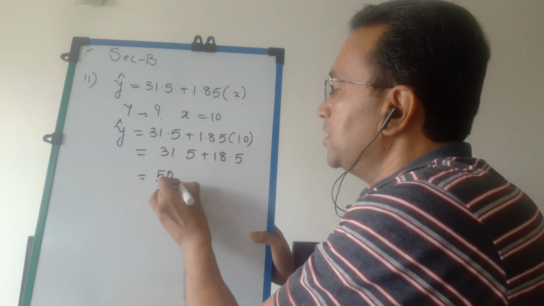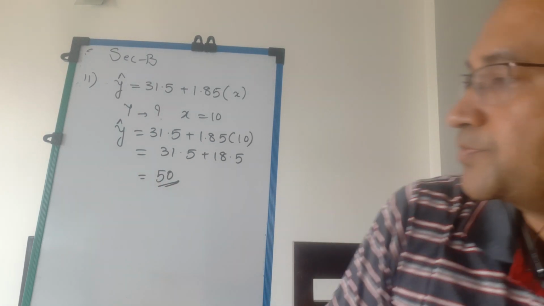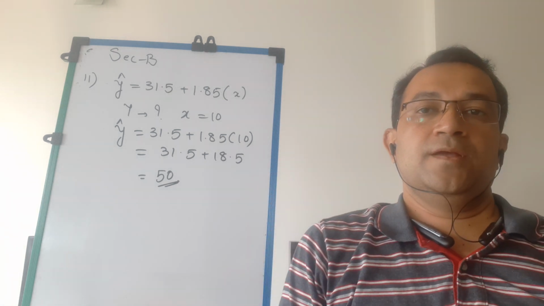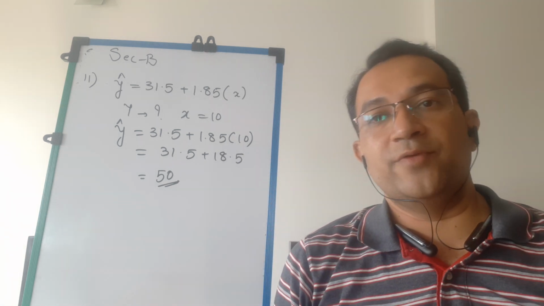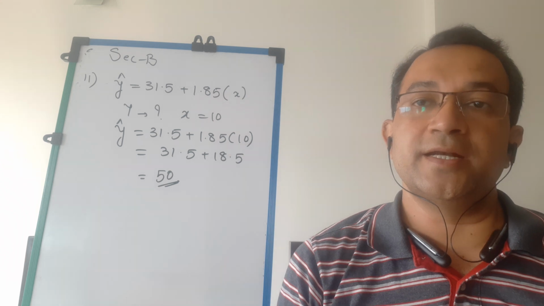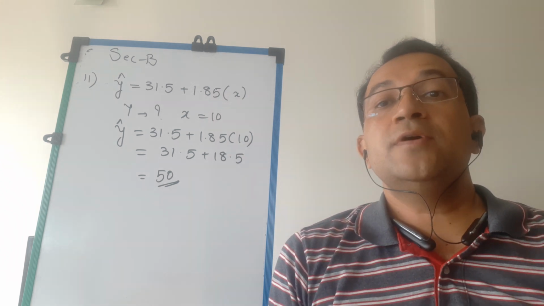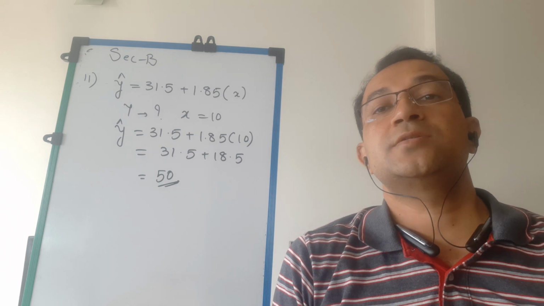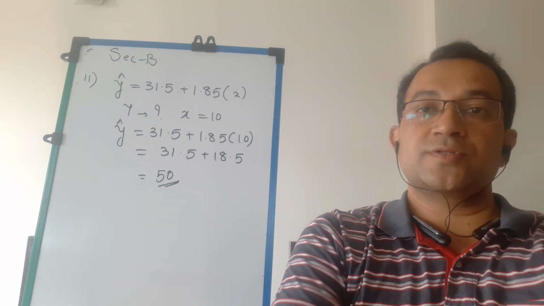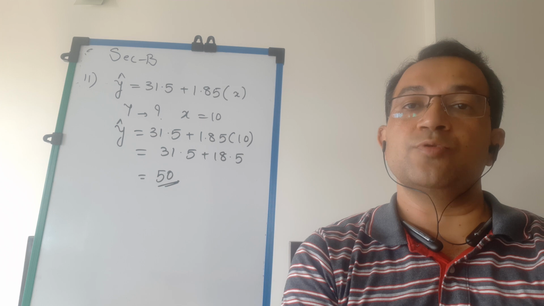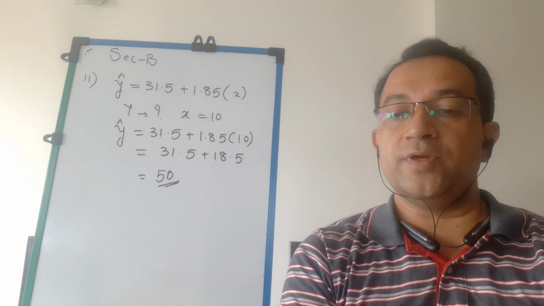How much? 50. That's all. Now this type of questions are very easy, students. And conversely, for a given y, even we can estimate x. Such type of sums are not given in this new textbook. In old textbook we were given.